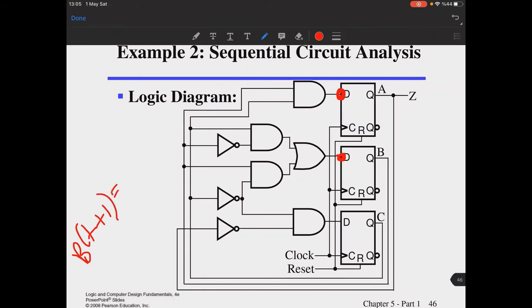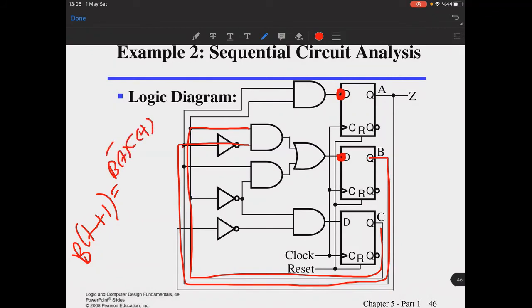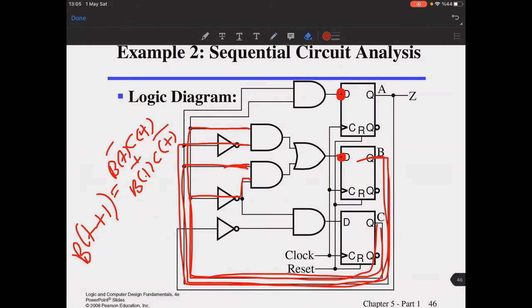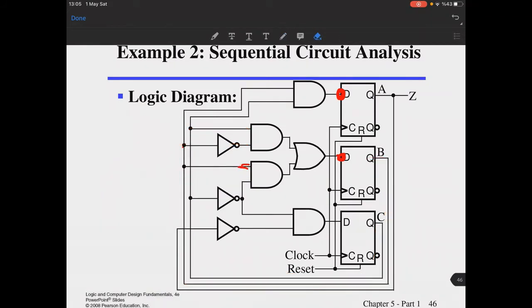This one is C, and this one is B naught, BT naught, CT, and this one is BT again, and this one is CT0 plus PT CT0, I think. I hope I don't make any mistakes, but you double check yourself.